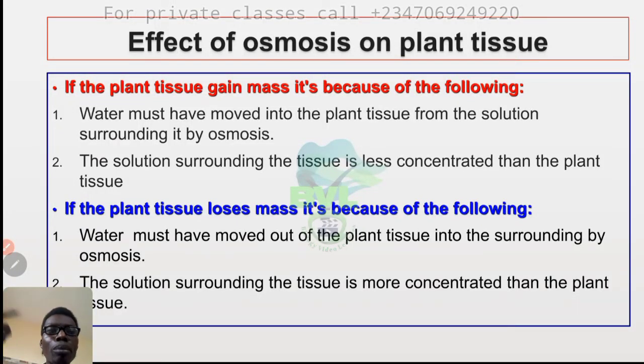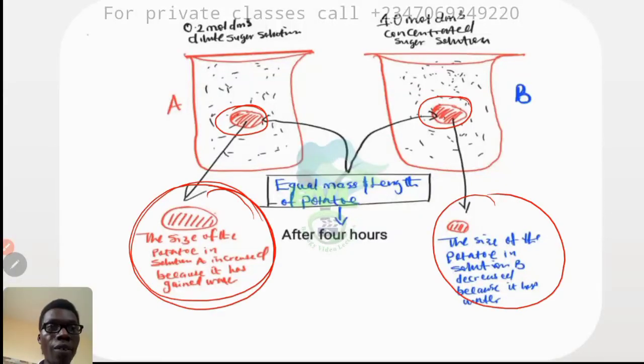So why will water move in? That's because the solution surrounding the tissue is less concentrated than the plant itself. Because the plant is more concentrated than its surroundings, it is going to suck in water. So when it sucks in water, it becomes bigger. That is what is responsible here. If you look at this, it says 0.2 mole per dm cube dilute sugar solution is surrounding this potato.